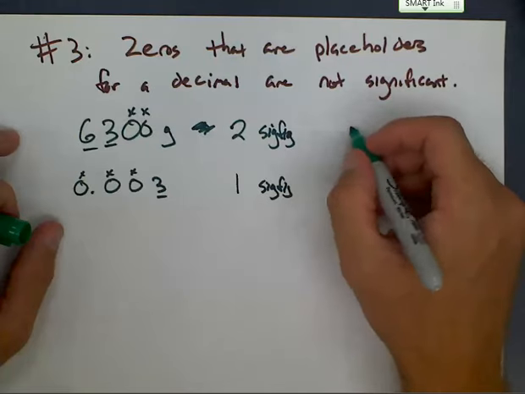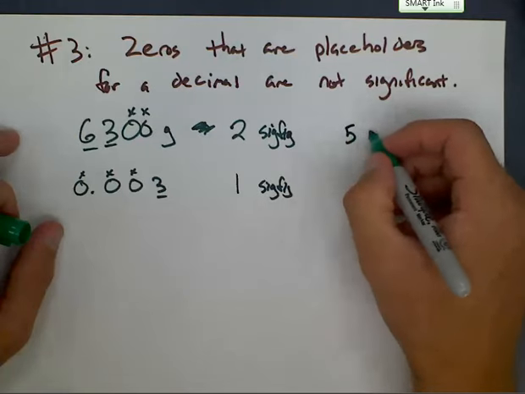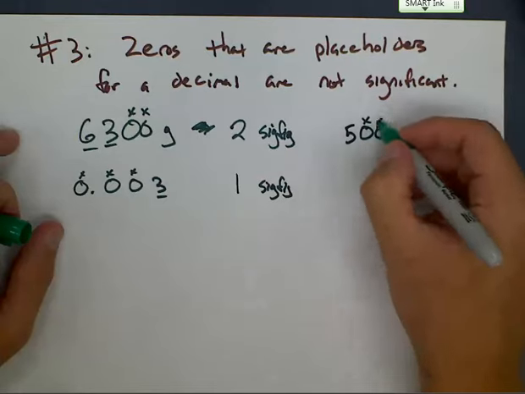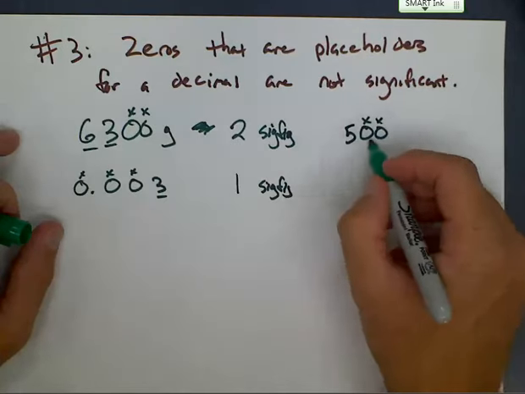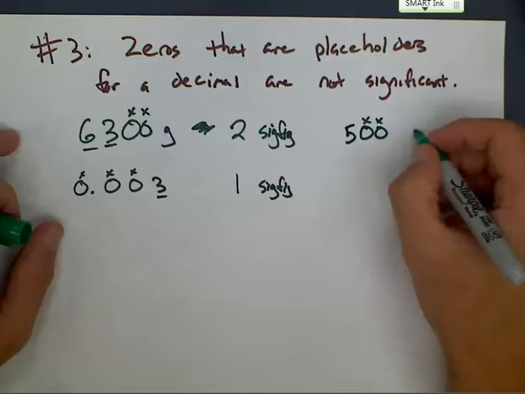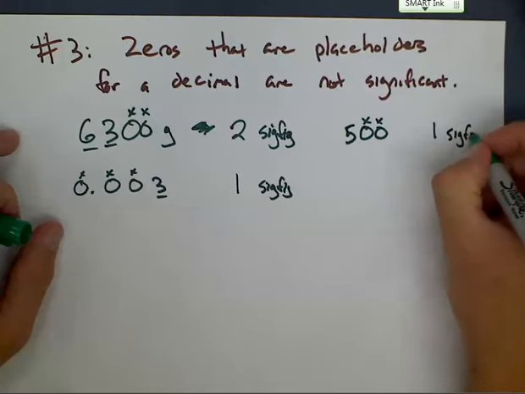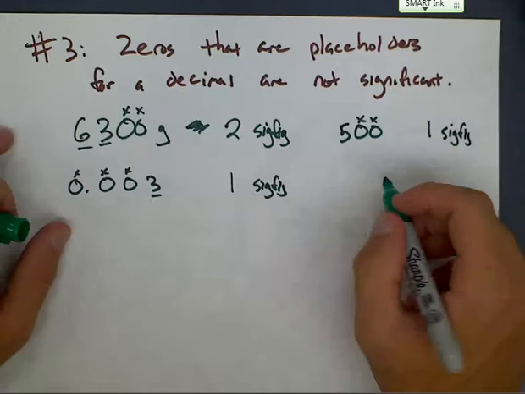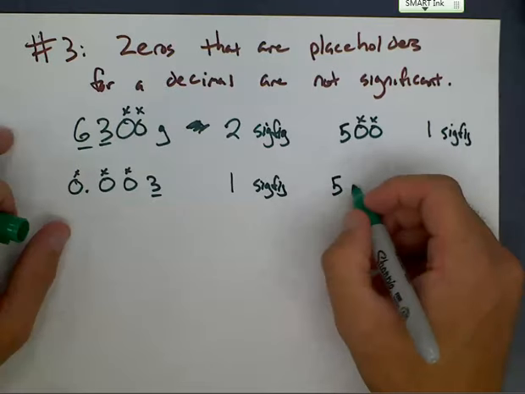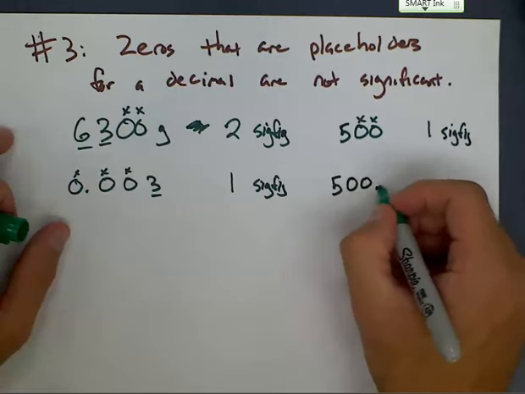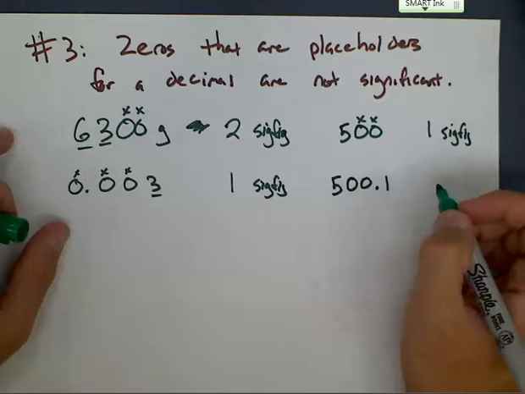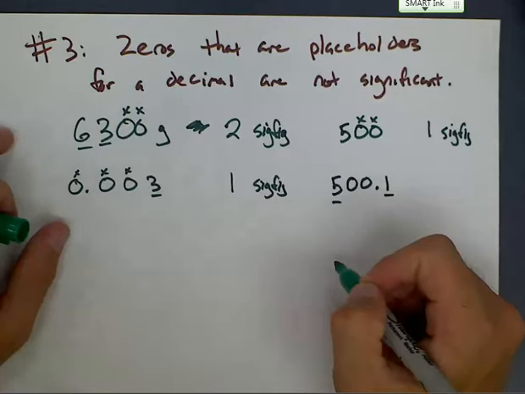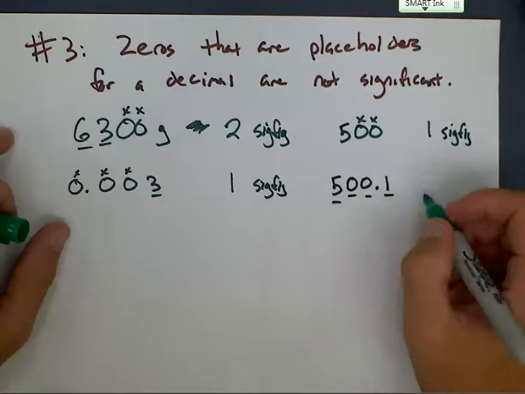Likewise, if you had the number 500, those 2 zeros are just telling us that we have 5 100s. They are holding a place. This thing only has 1 significant figure. On the other hand, if we were to look at the number 500.1, well, this 1 and that 1 are also significant, which means these zeros must be as well.